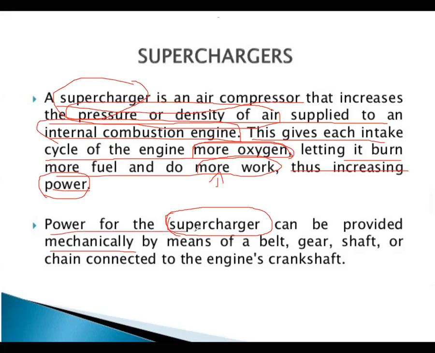That is why it requires mechanical components like a belt, connected to the crankshaft, which is already rotating. The supercharger is connected to the crankshaft by belt, gear, shaft or chain system. Either one of these mechanical components is used to connect the crankshaft and the supercharger.